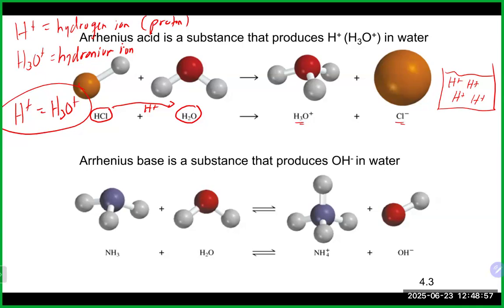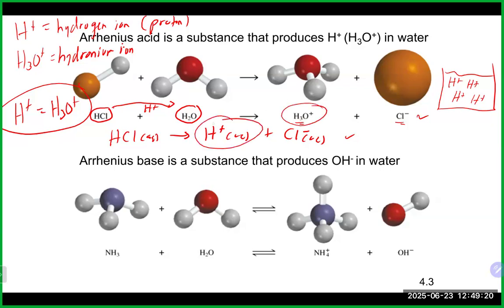You could just as easily write this reaction like this: hydrochloric acid dissociates into H plus and Cl minus. So these are really equivalent equations. The only difference is in the bottom line, I didn't use water, so I didn't get H3O plus. I got H plus versus H3O plus.